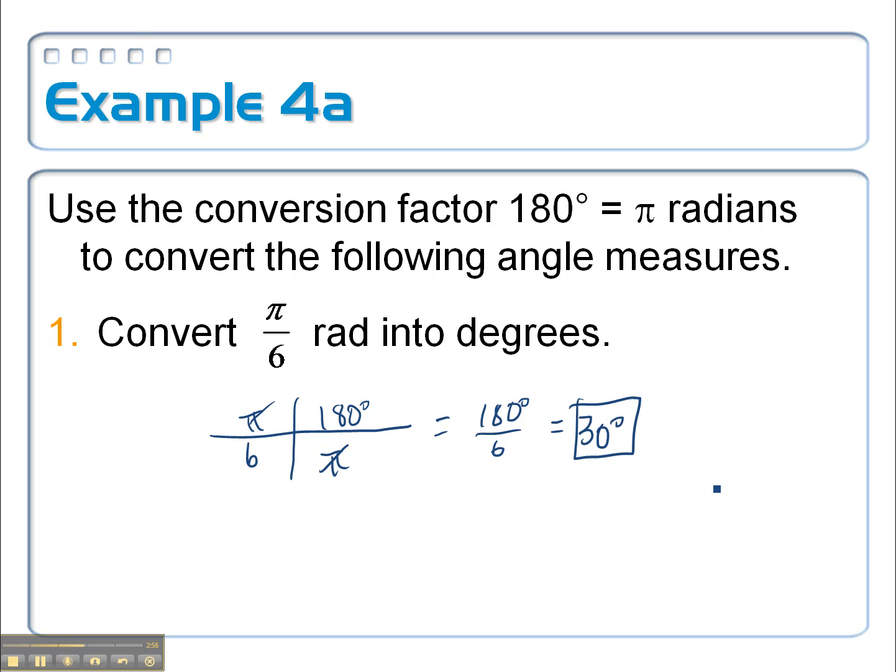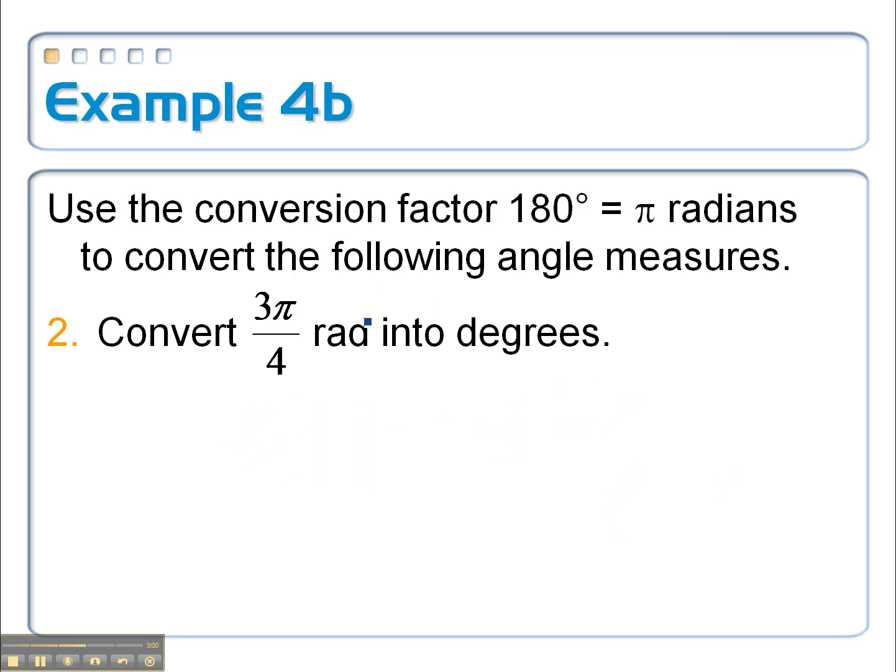Okay, here's one more. I'm going to convert 3 pi over 4 radians into degrees. 3 pi over 4, just continue this line. Pi's up top, we want it to cancel. 180 degrees up top because that's what we want to keep. Our pi's will cancel. And what this would mean is 3 times 180, and it would be divided by 4.